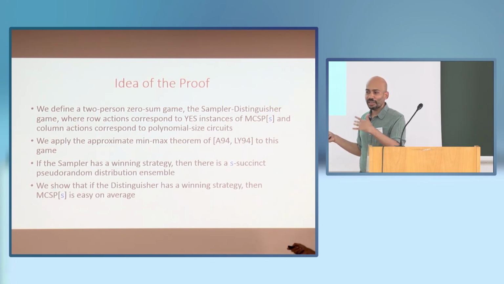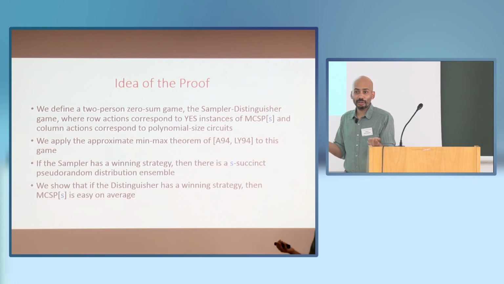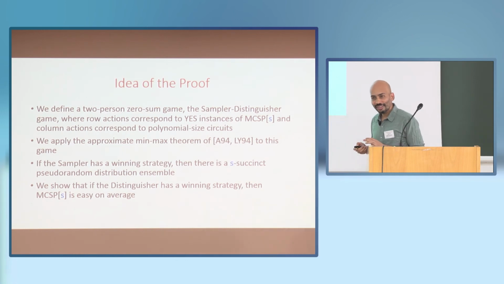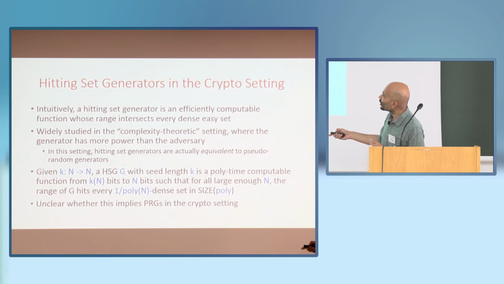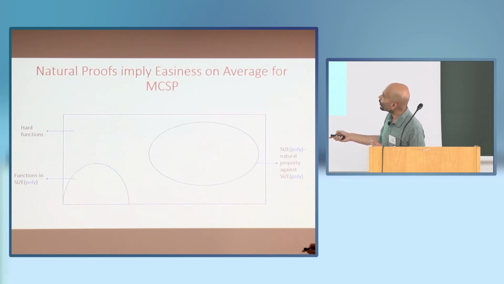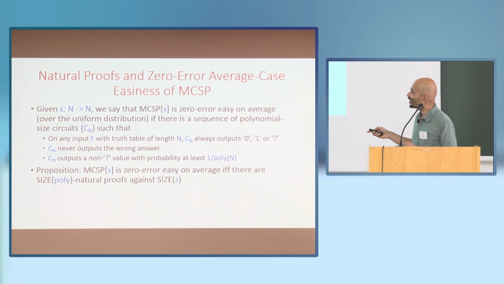Easiness on average means that there is a sequence of polynomial size circuits which zero-error computes its function with significant probability. Throughout we've been dealing with circuits.